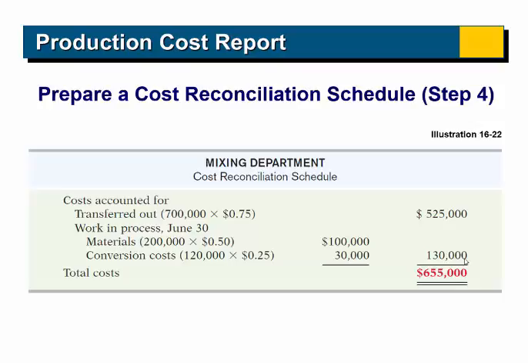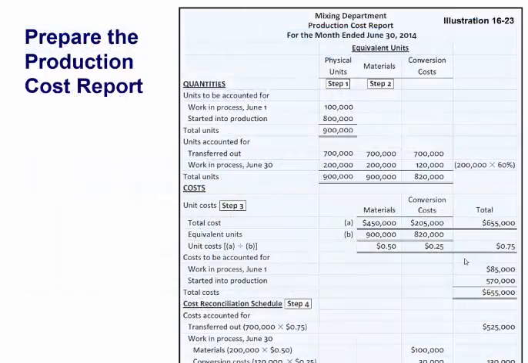Debit balance, because work in process inventory is an asset account. And we can literally prepare this production report right here. So notice that step 1 is up here, step 2 is here, step 3 is here, and step 4 is here.